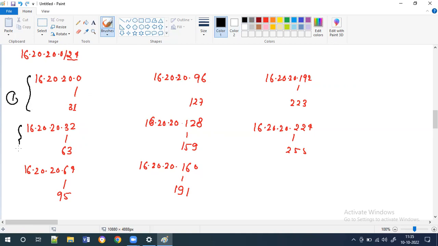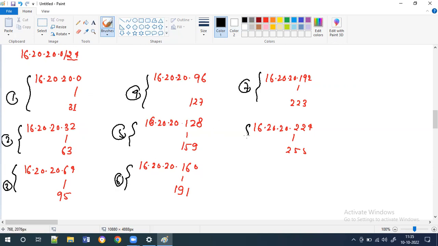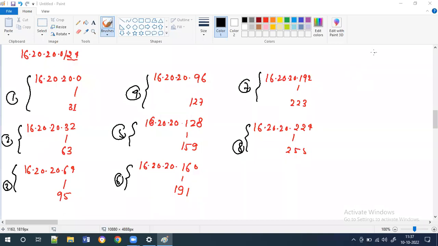First, second, third, fourth, 5, 6, 7, and 8. So I had IP addresses starting from 0 till 255, meaning a total of 256. Now I have divided that into blocks of 32, 32, and with that I am getting a total of 8 networks.